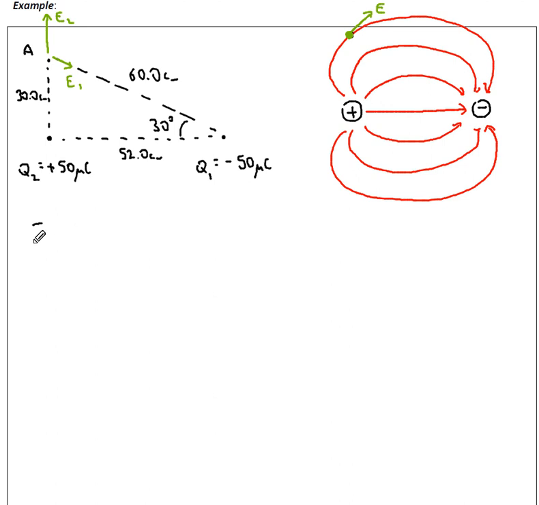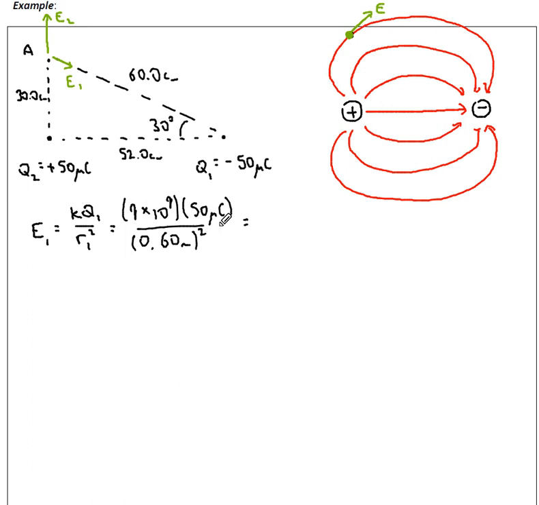So E1 is equal to KQ1 over R1 squared. So 9 times 10 to the 9 newton meters squared per coulomb squared. The charge is 50 microcoulombs, and the distance is 60, so 0.60 meters away.